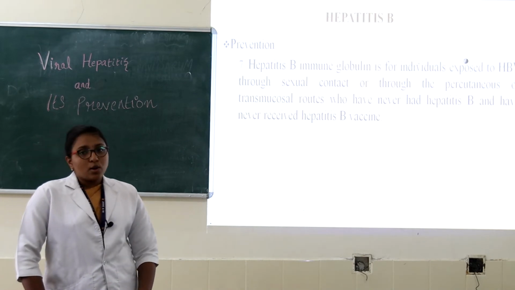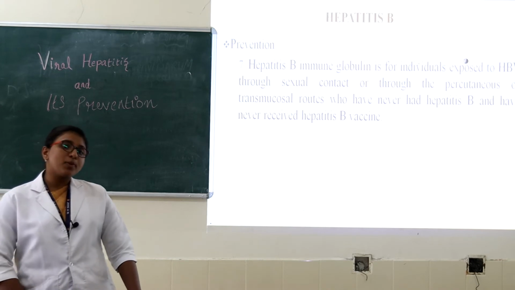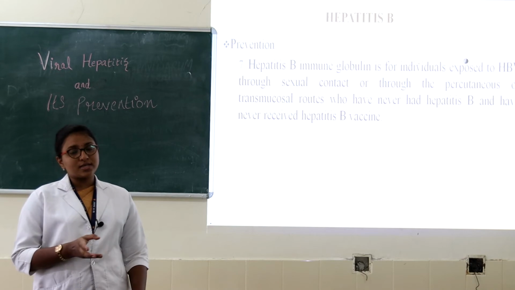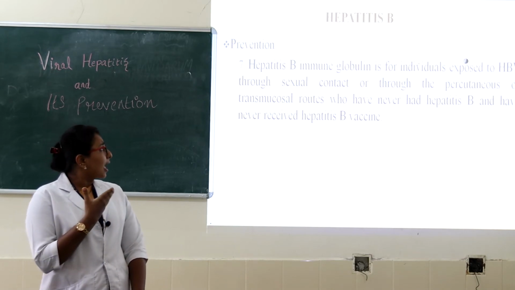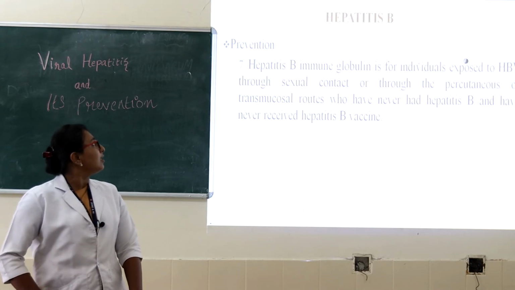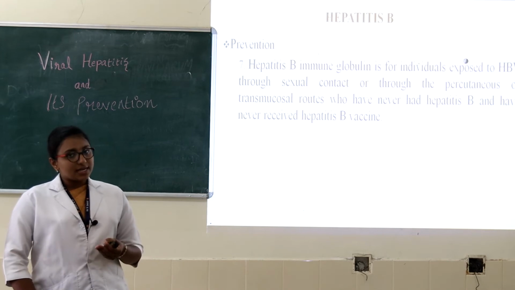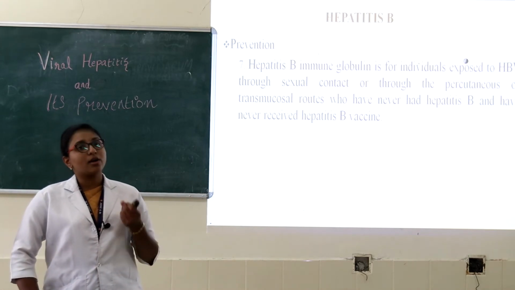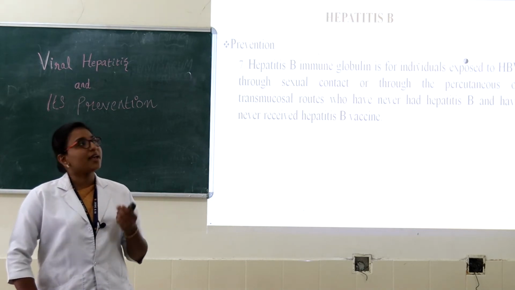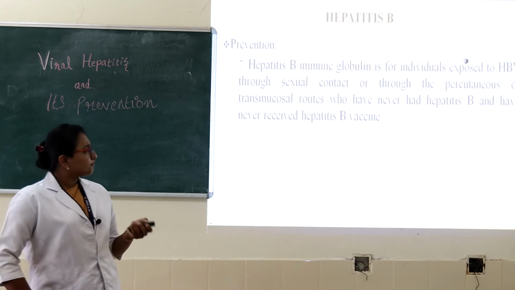And also hepatitis B immunoglobulin for individuals who were exposed to hepatitis B virus and have not taken hepatitis B vaccine. For those people we are giving hepatitis B immunoglobulin. If the patient does get vaccinated, we have to monitor the titer level, the antibody hepatitis S level, we have to check, and according to that we have to give immunoglobulin.